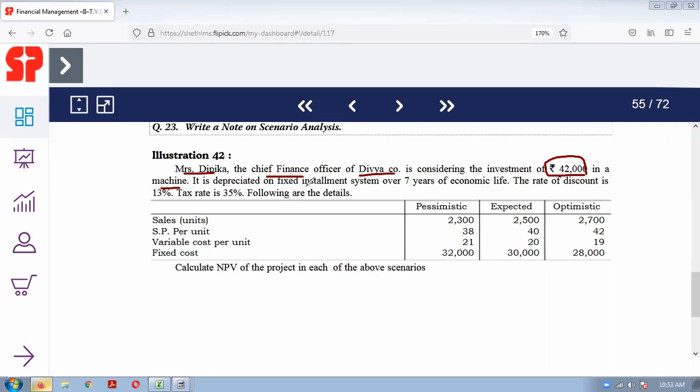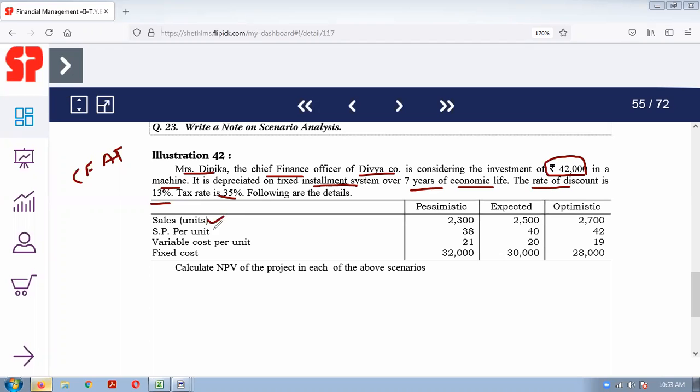Okay, it is depreciated on fixed installment, means a straight line method is used. 7 years is the economic life. Rate of discount is 13%, tax rate is 35%. So all these details are given for us to calculate the CFAT. If you remember our initial discussion, what is relevant for analysis is the cash flow after tax. So using these details, we will calculate the cash flow after tax.